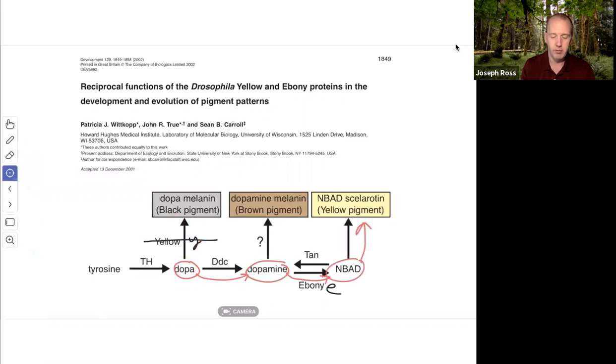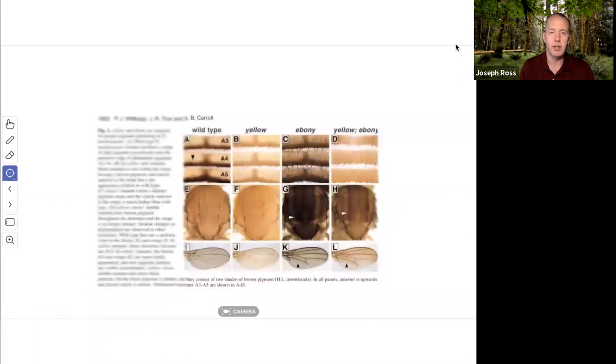So loss of the yellow gene creates fruit flies that don't have any black pigment. And likewise, if the ebony gene is lost or mutated or removed, then the flies can't produce yellow pigment, so they become black, or ebony. So we're going to see these genes a lot more.